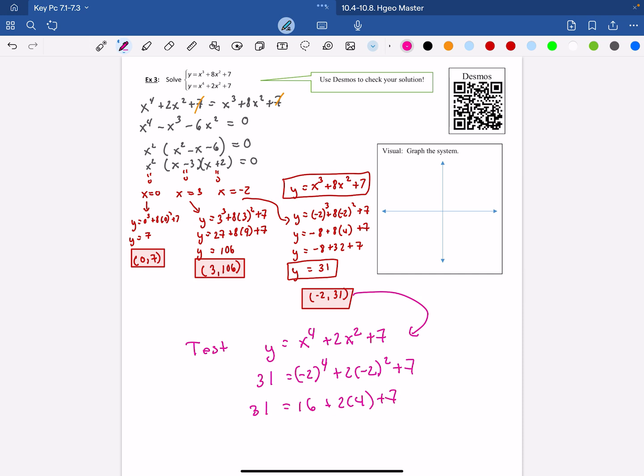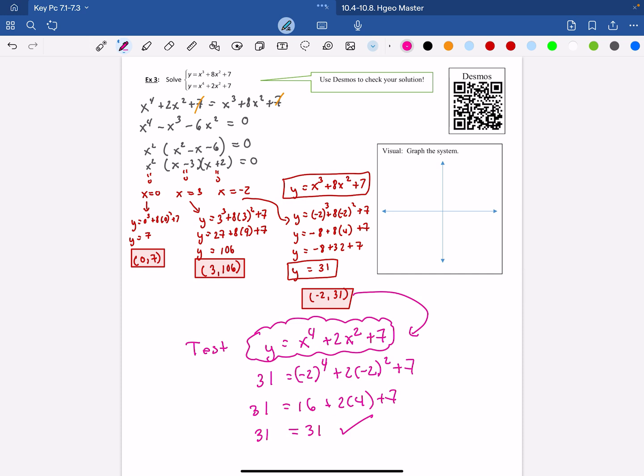And 16 plus 8 plus 7, the last time I checked, is 31. So I think you're pretty safe if you just test it for 1, but you should at least test it into the second equation. Why not? It only takes a second to do, especially if you get weird numbers. We like giving you not terrible ones to work with, so it's worked out nicely.